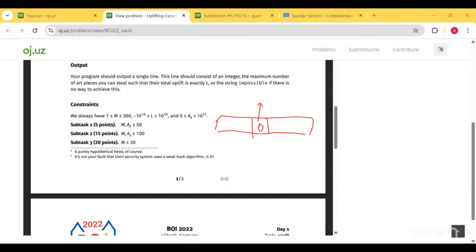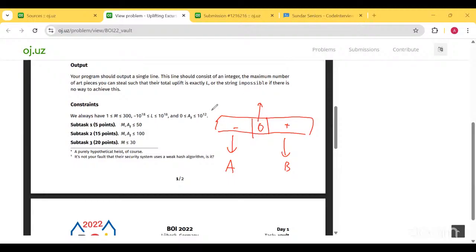Okay, yes, of course. And then for positive, let's say the total number of items is P, and the total number of items in negative is A. I mean the total uplift. All right.